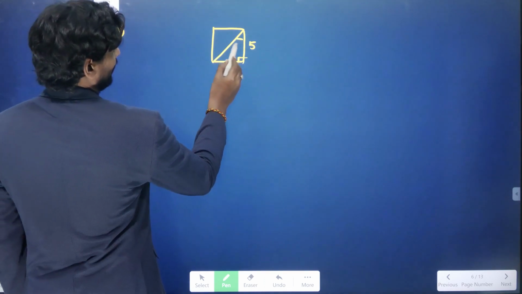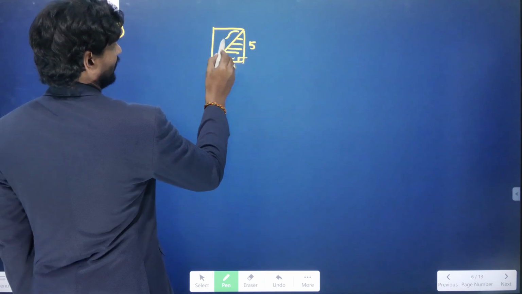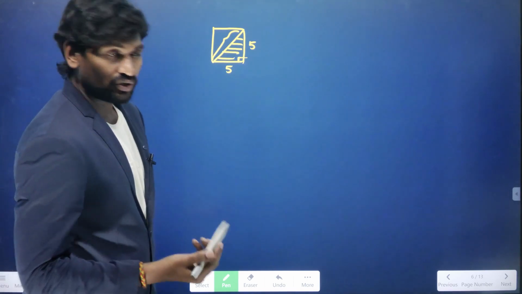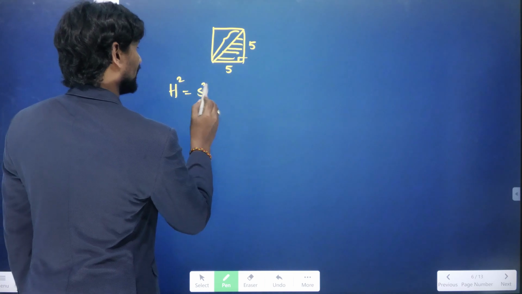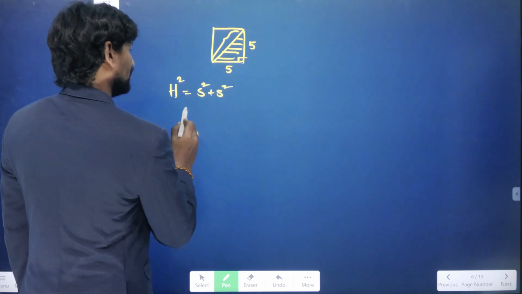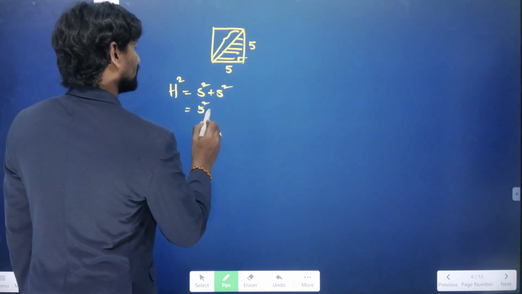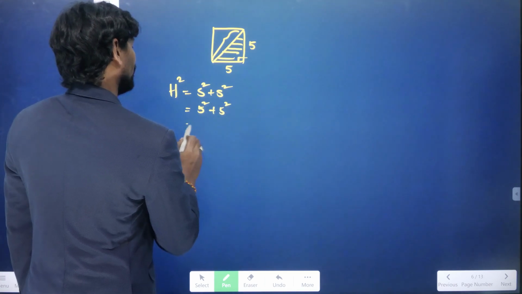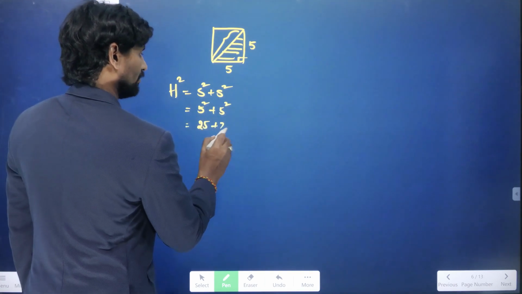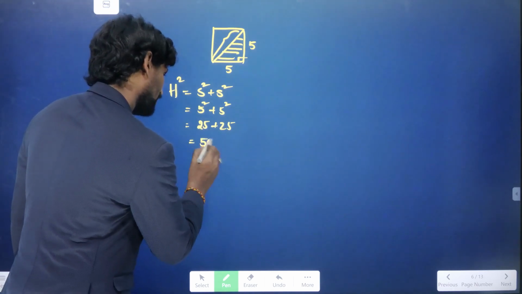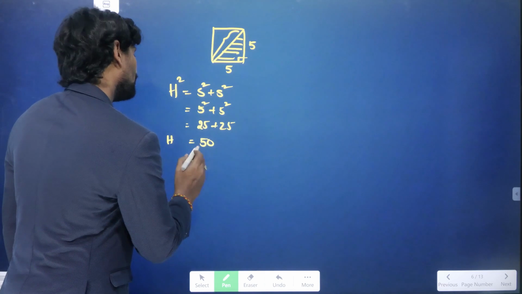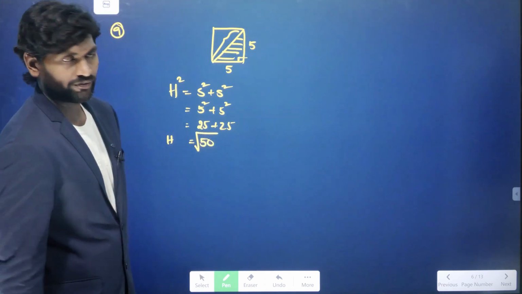And use this triangle. We need to find the diagonal length, no? So according to the right angle triangle, hypotenuse square equals side square plus side square. So 5 square is 25 and 5 square is 25, so 25 plus 25 is 50. But we need to find the hypotenuse value, so square root of 50.